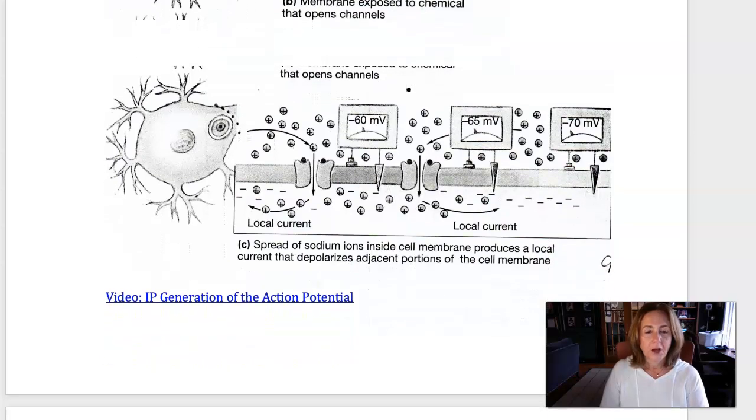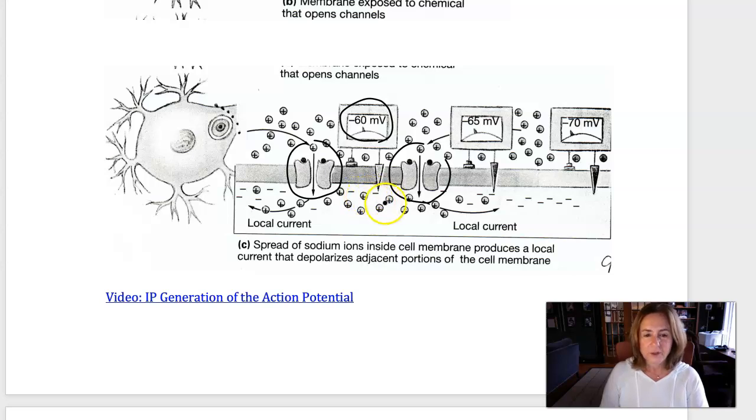And so taking a look at the last picture, what they're trying to show us here is that where you open the channels, we're getting sodium diffusing in, and I'm getting a big difference in electric charge because so much sodium has come in that it's made the electric charge go from negative 70 millivolts to negative 60 millivolts.